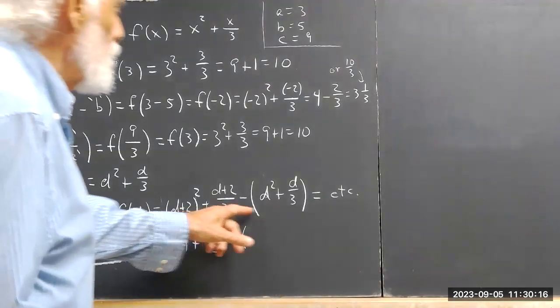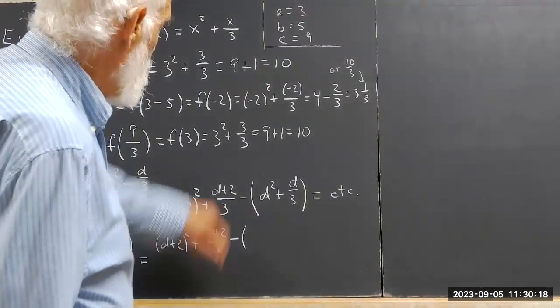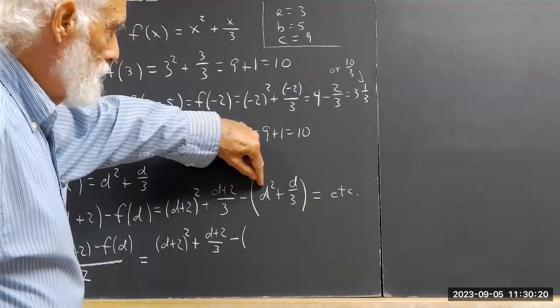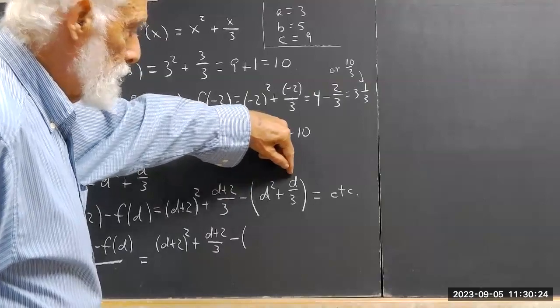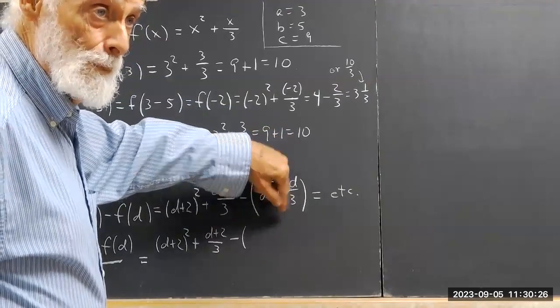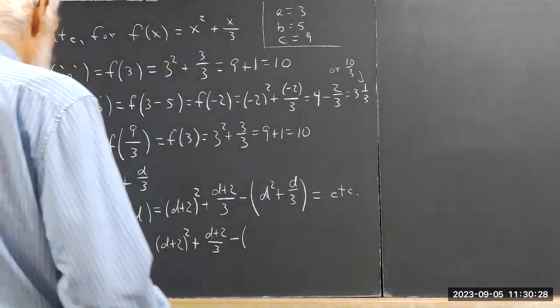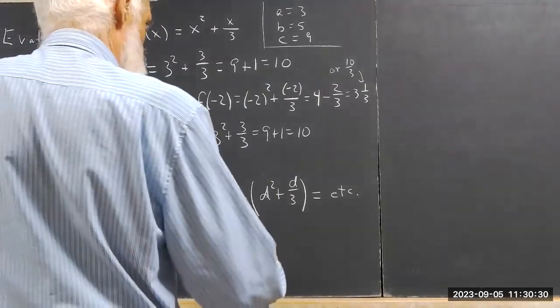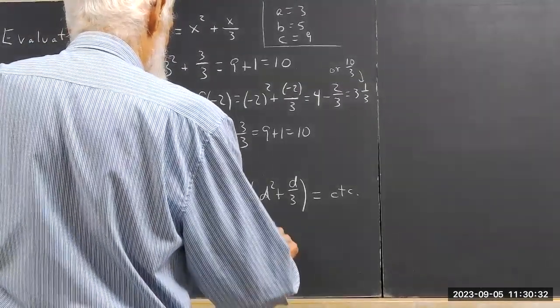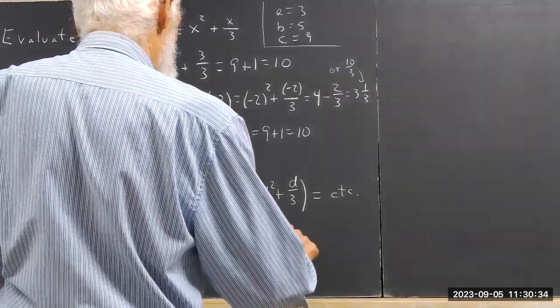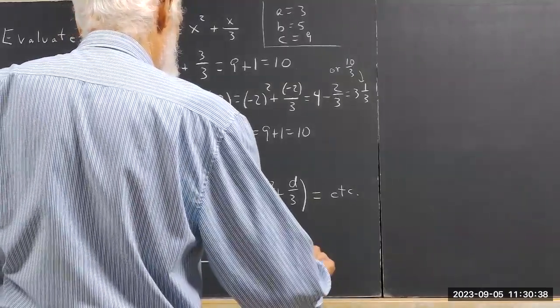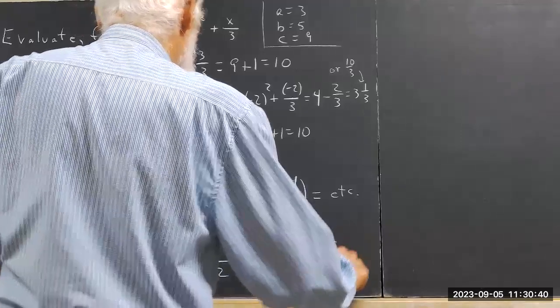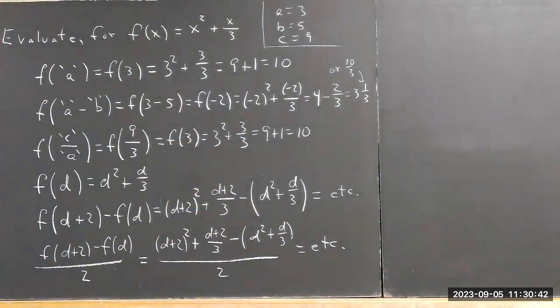There's a tendency, if you don't have the parentheses there, then the d squared would be minus, but without the parentheses, that minus wouldn't apply to the d over 3. So you've got to be careful about parentheses and so forth. We'll have plenty of time to talk about these things. That equals something, and then it gets into some algebra. You're not going to be doing that much algebra right away.